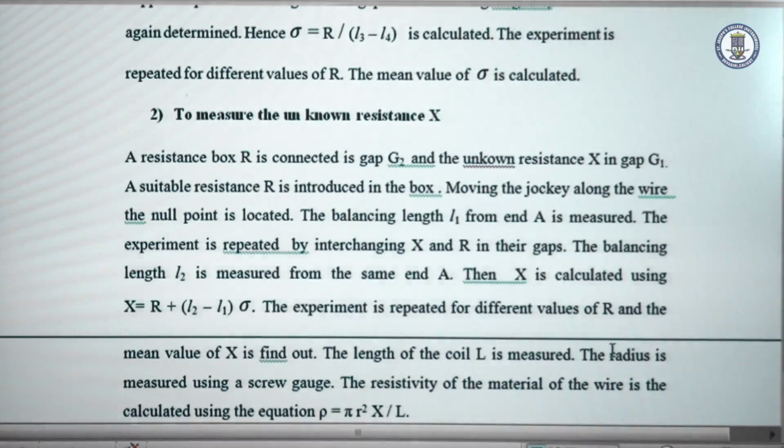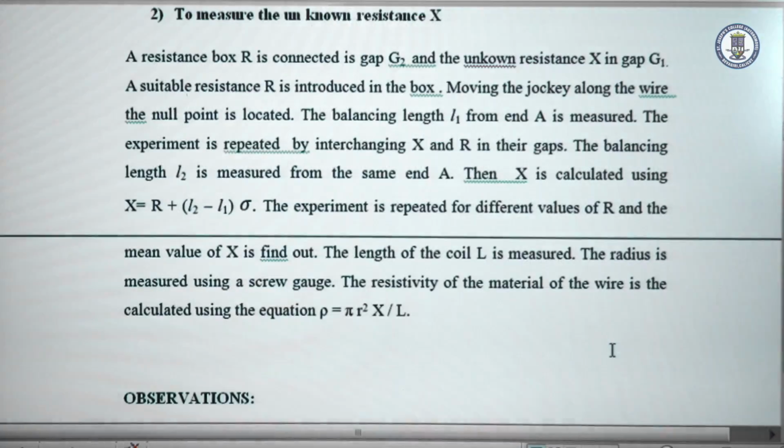Then let L1 and L2 be the balanced lengths measured from the end A. With the unknown resistance in the gap G1, let L1 be the balanced length, and when the unknown resistance is connected in the gap G2 and the known resistance in gap G1, the length will be L2.